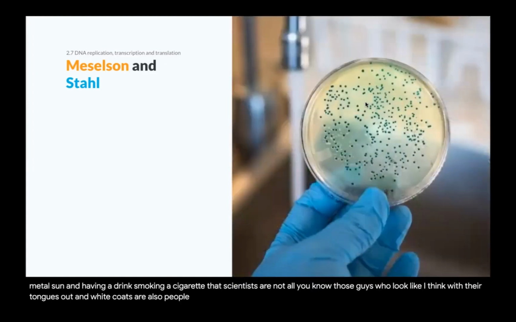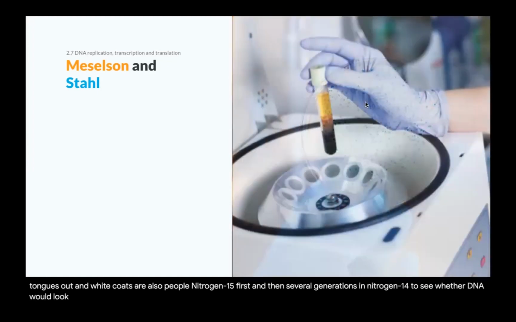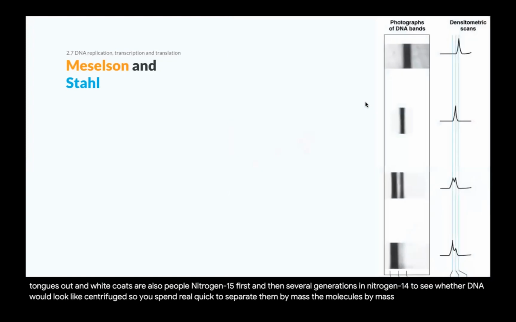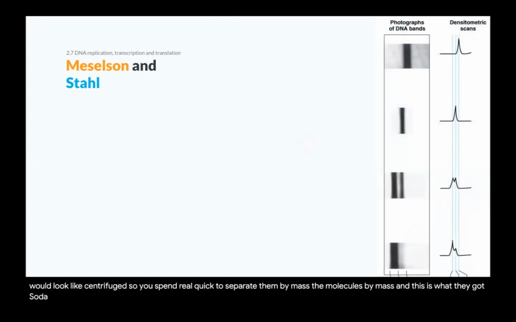They grew bacteria in nitrogen 15 first, and then several generations in nitrogen 14 to see what their DNA would look like. They centrifuged, spinning real quick to separate the molecules by mass, and this is what they got.